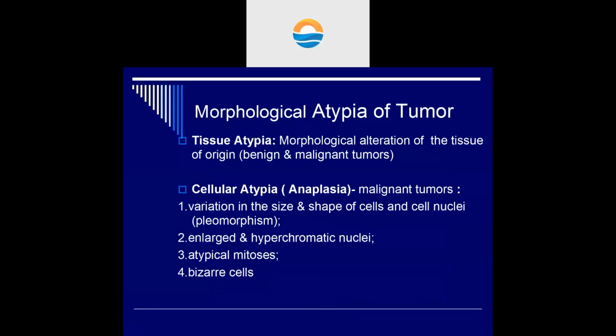Malignant tumors may have variation in size and shape of cells and cell nuclei. We call it pleomorphism. We see enlarged and hyperchromatic nuclei. We see atypical mitosis and bizarre cells, which present also anaplasia.